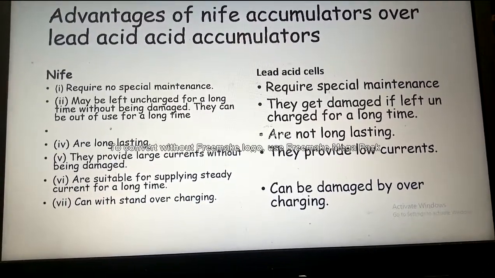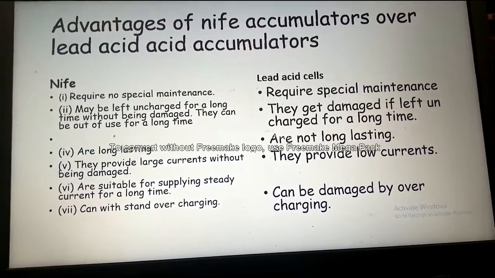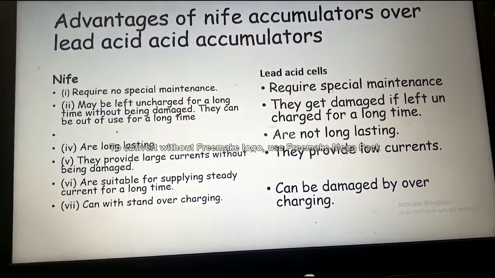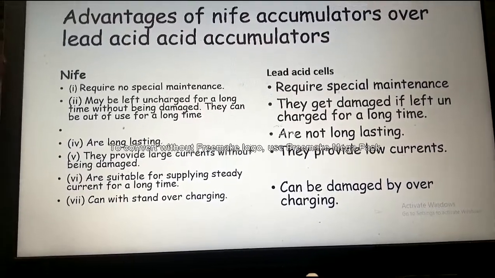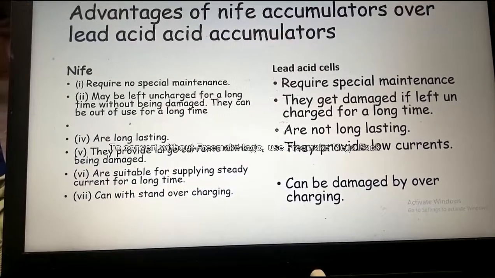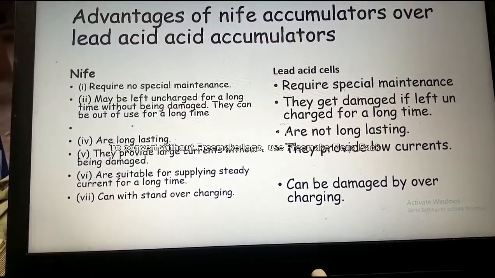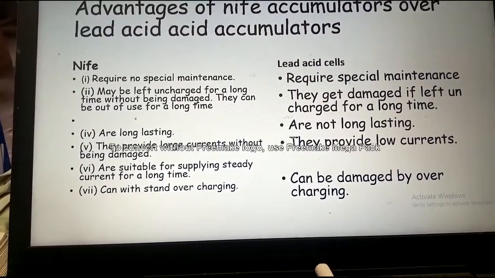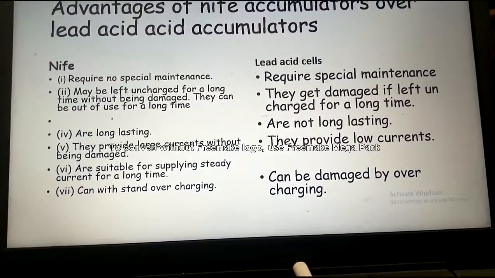So you need to know those advantages of knife accumulators. Actually, knife accumulators are better than our usual batteries, because remember we have said these are used for those high operations. Think about the operation of large ships, electric cables, and mining areas. Therefore, that's why they are advantageous compared to lead acid.